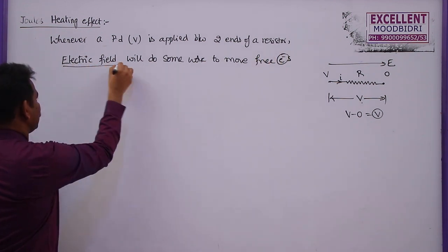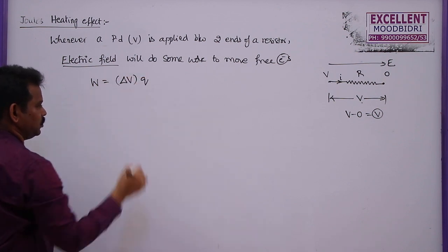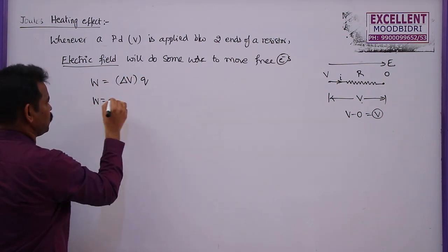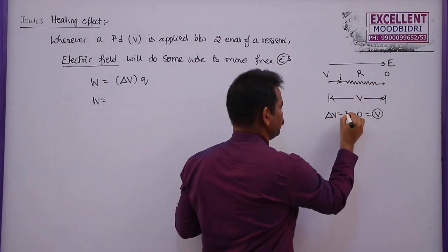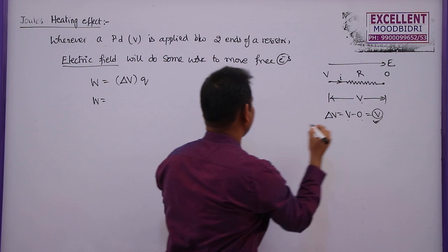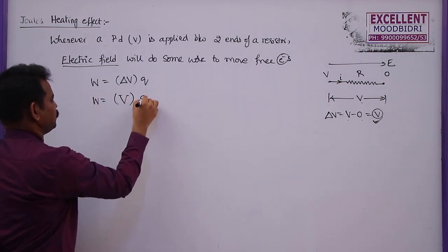So what is the work done by this electric field? This is nothing but the potential difference times the charge that is moving here. So W is equal to, what is the potential difference between the two ends? I am writing delta V, which is V minus 0, which is equal to V. So this is V into the charge that is flowing here.